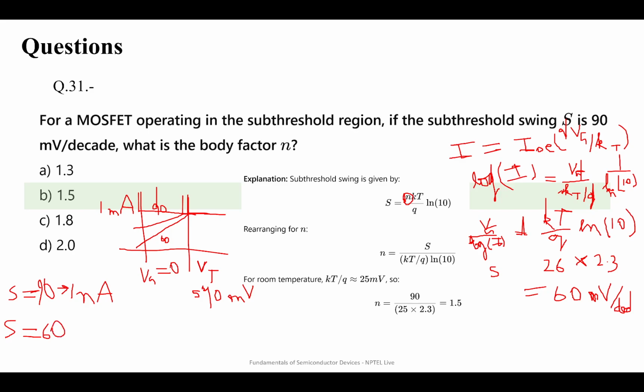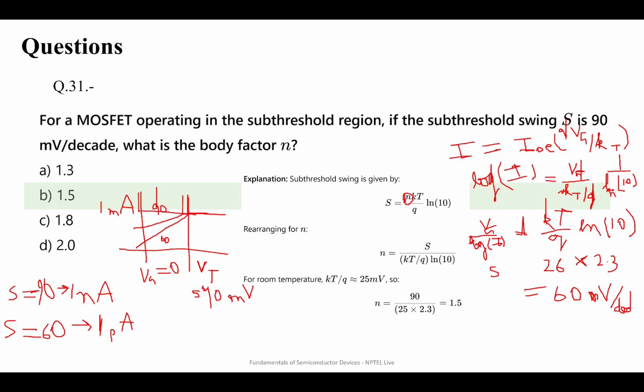If my subthreshold swing is 60, I will get 1 picoampere. So you see the difference here. It's 3 orders of magnitude.